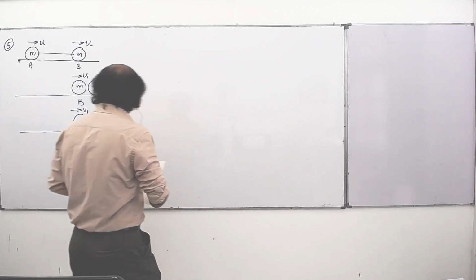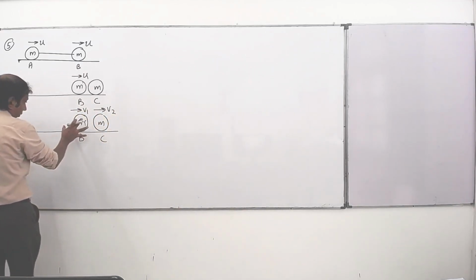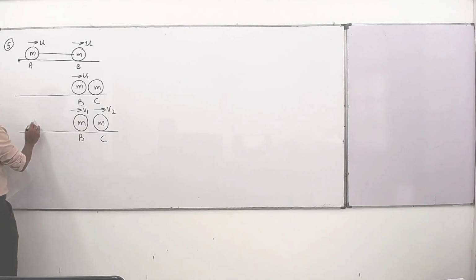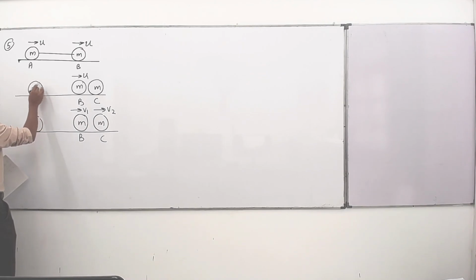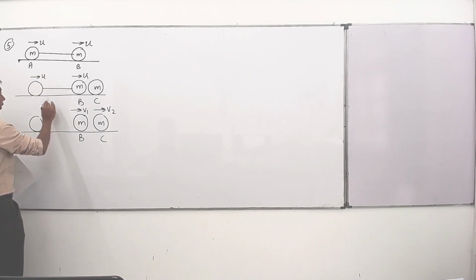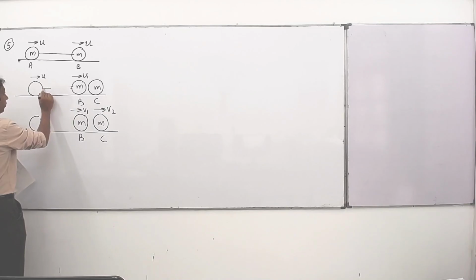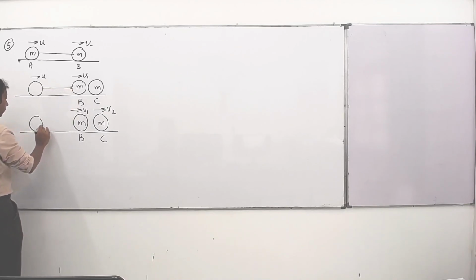Okay. So at the moment of the collision, the particle A moving with velocity u. At the moment of the collision also, it moves with velocity u.